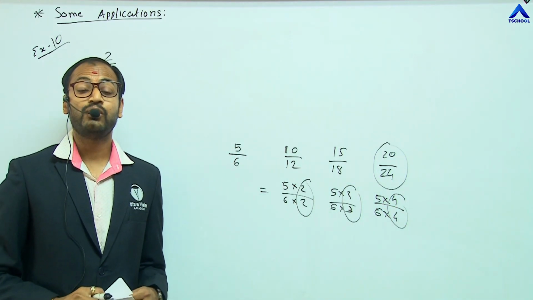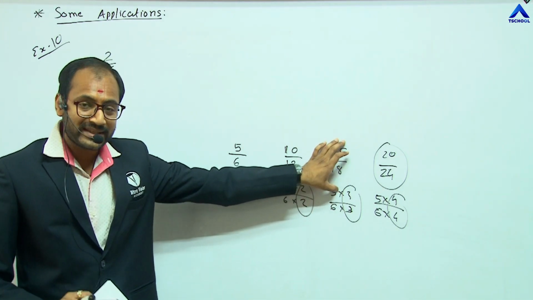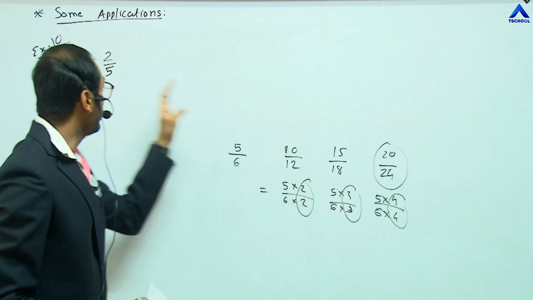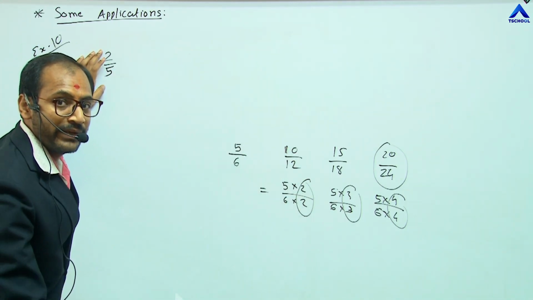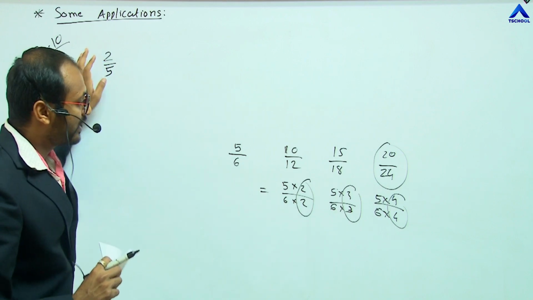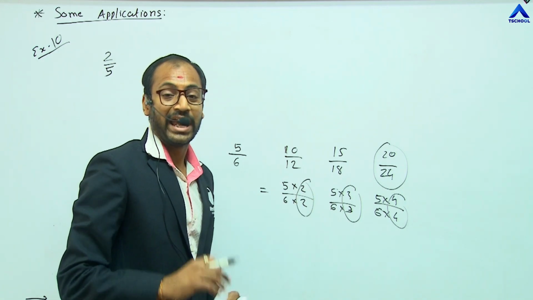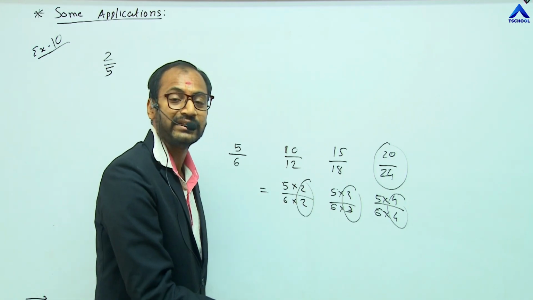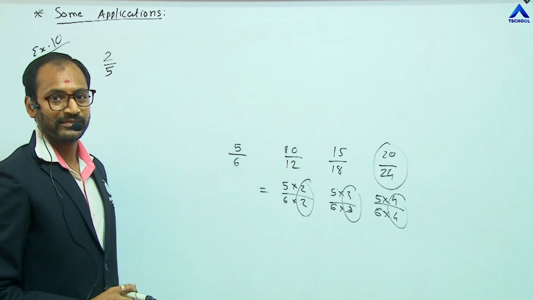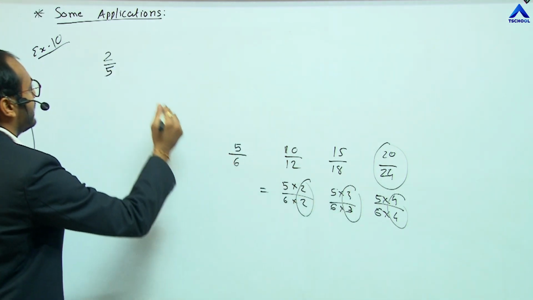Here we don't know what the numbers are, so we should consider the simplified ratio, which is 2/5 here. We consider this multiple to be x, and the solution for x gives the given numbers.